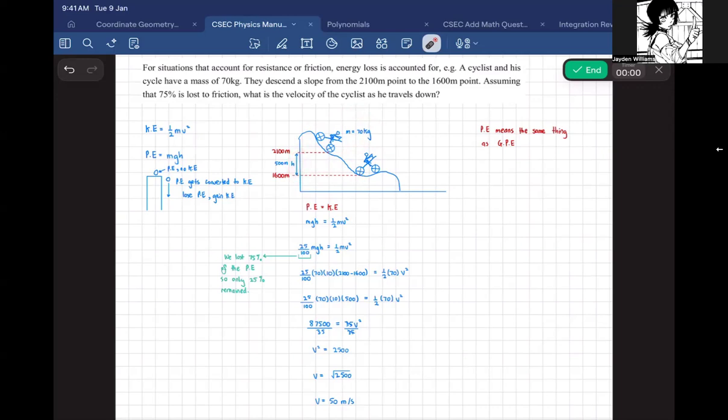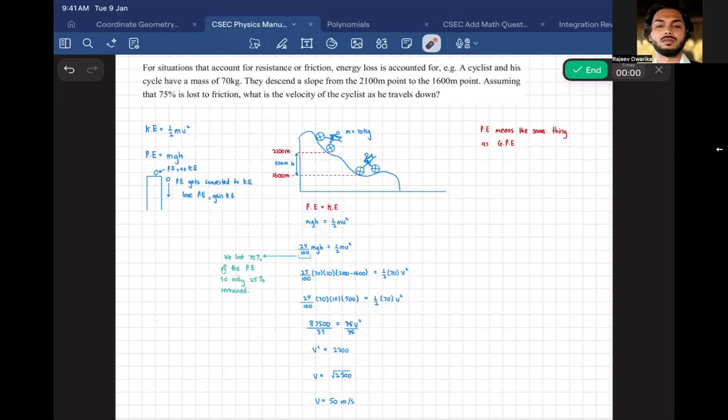From 2,100 to 1,600, what height did he traverse? 500 meters, right? So that's the height. So Jaden, do you understand? Because of the cyclist's height, he would have potential energy because he's not on the ground. So potential energy, right?